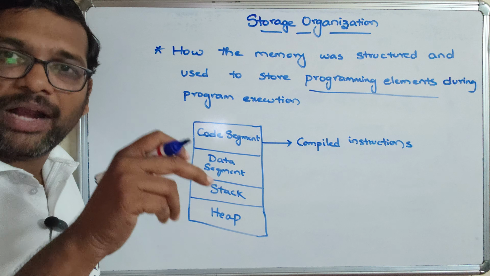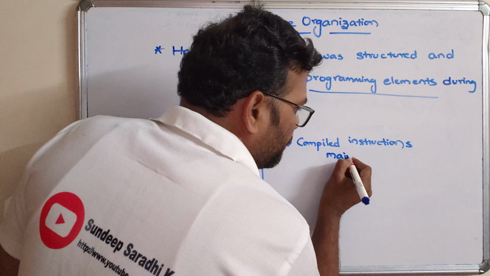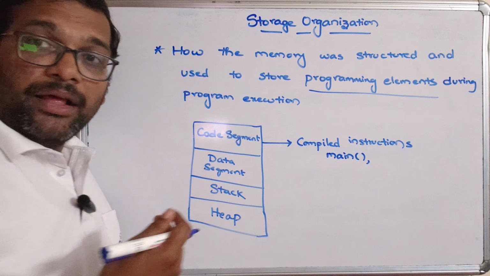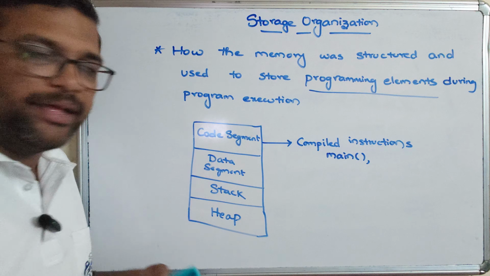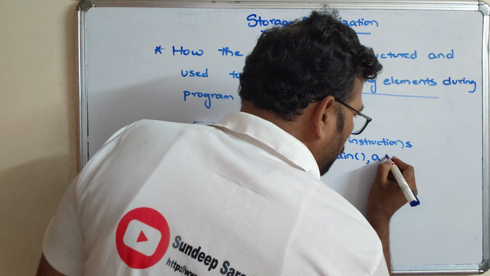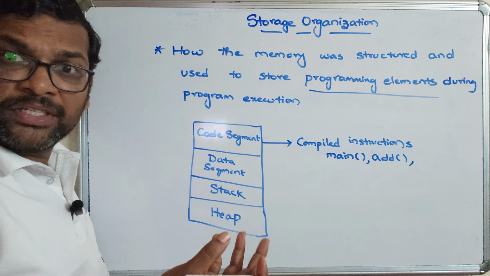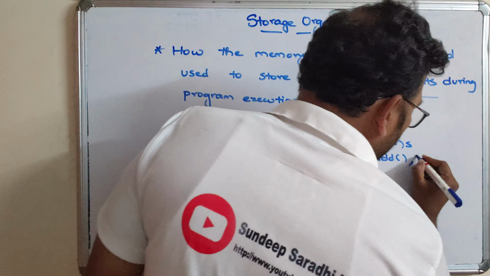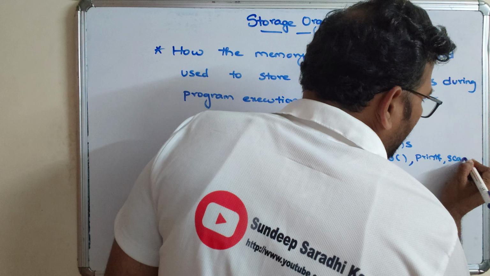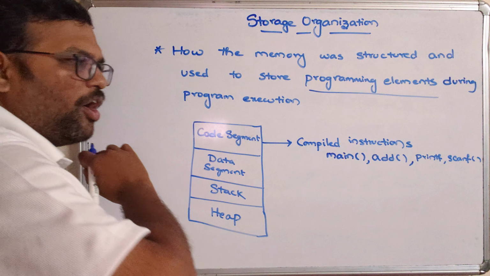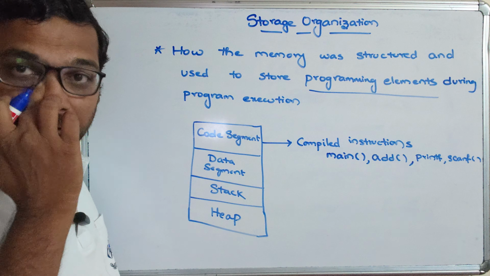We write the main function, and in the main function, if you are using any user defined function called add, the statements of add, and predefined functions like printf and scanf, all the compiled instructions will be stored in this code segment.